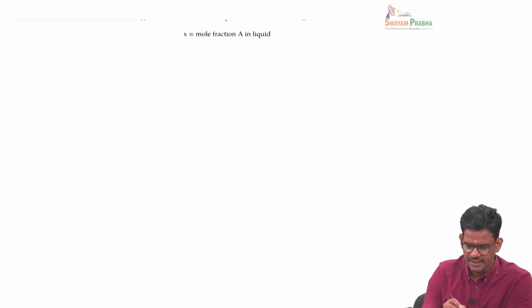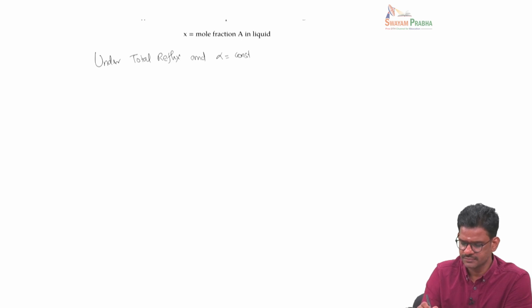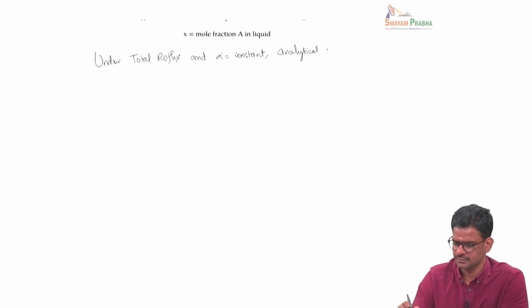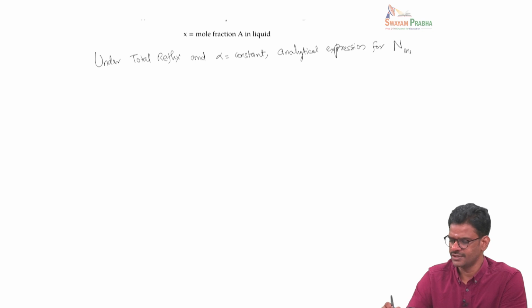So we would like to calculate, under total reflux and with alpha constant, the analytical expression for the minimum number of stages, n minimum.